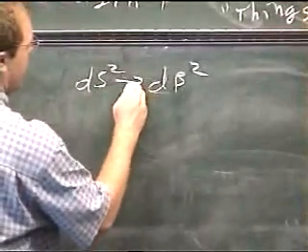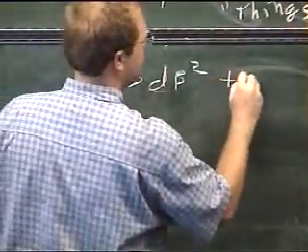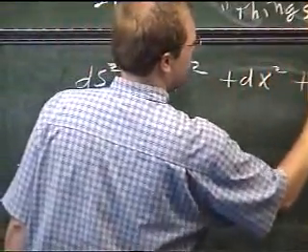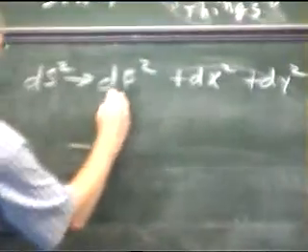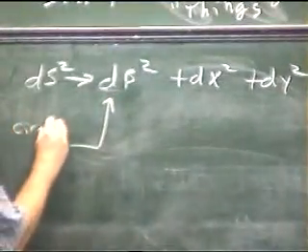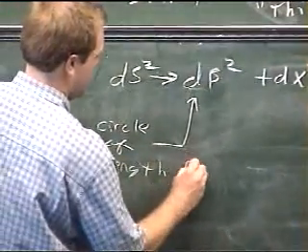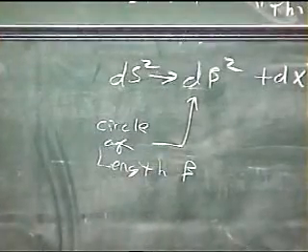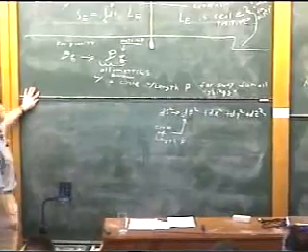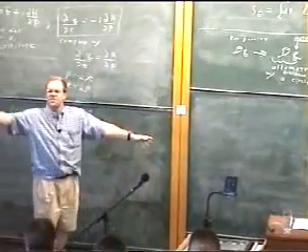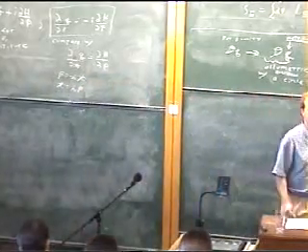So as we move to infinity, the metric should take the form d beta squared plus dx squared plus dy squared plus dz squared, where once again, this is a circle of length beta. Okay. So, if we could do this integral, we could calculate the thermal properties, the properties of gravity in general, at some temperature.